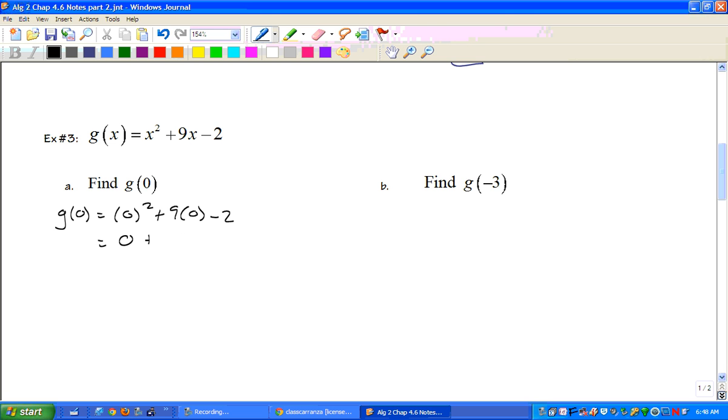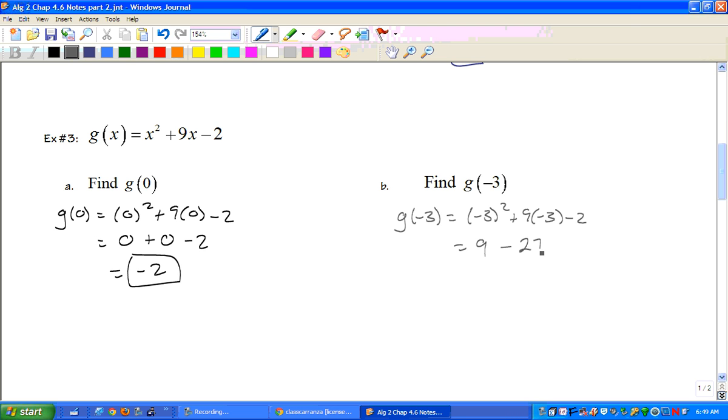Well, 0 squared is 0. 9 times 0 is 0, minus 2. You just get -2. Now g of -3. -3 squared, 3 times 3, is 9. 9 times negative 3 gives us negative 27, and then minus 2. 9 minus 27, what's that give you?